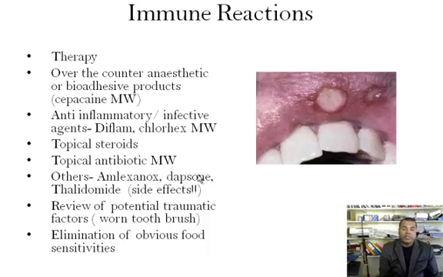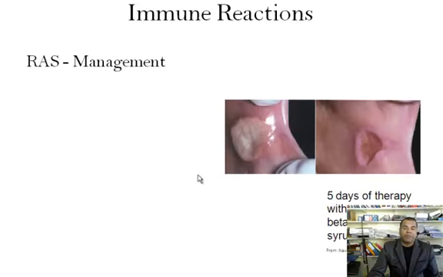Others in the literature include colchicine, dapsone, and thalidomide, but these also have other side effects. Review possible traumatic factors such as a worn toothbrush, and elimination of any obvious food sensitivities.